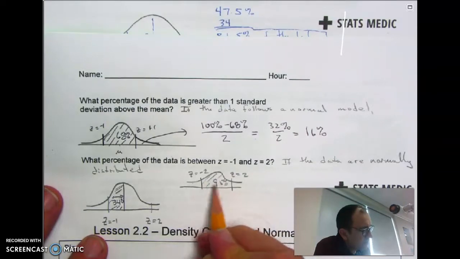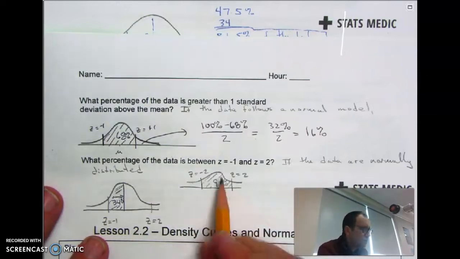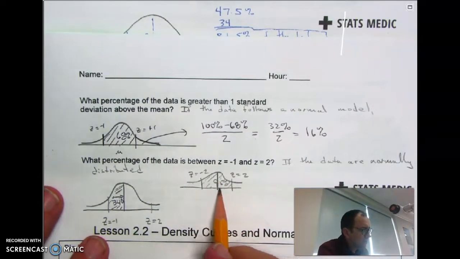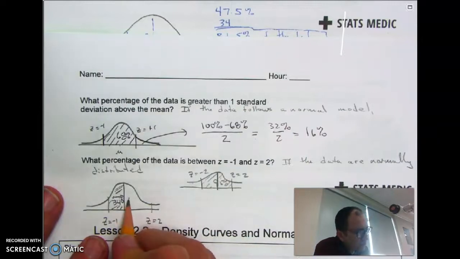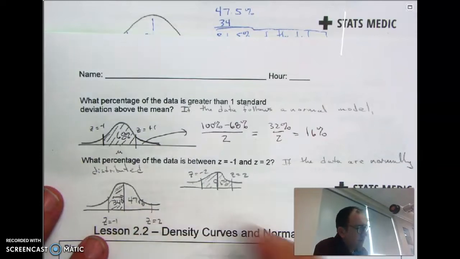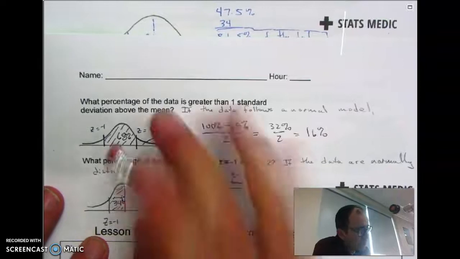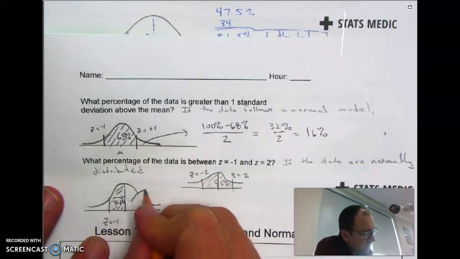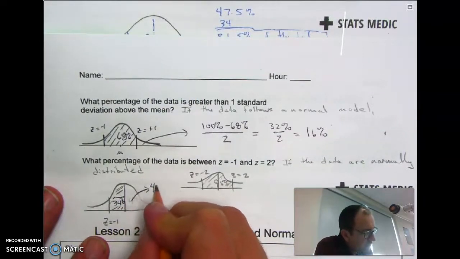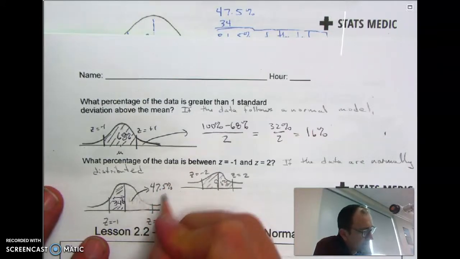So 95% of the data is in here. Now if I divide 95% in half, we're going to get 47.5% between the mean and 2 standard deviations above the mean. So the area of this region right in here is going to be 47.5%.